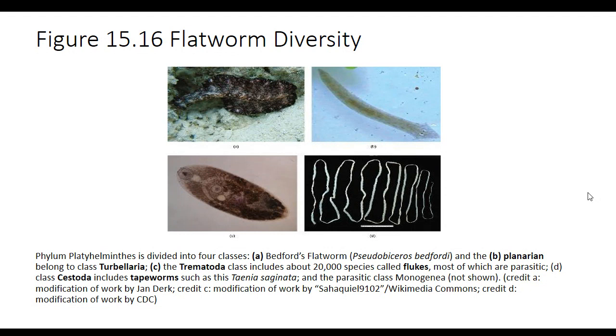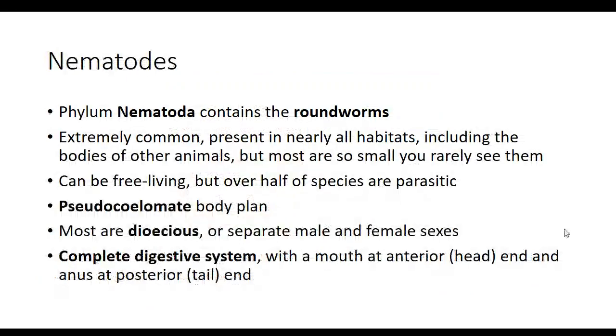Each segment has reproductive organs and can produce eggs. The segments break off and come out in poop, and then new tapeworms grow. So there could be tapeworms on the ground, and then some grazing animal swallows that, and now that animal has tapeworms.